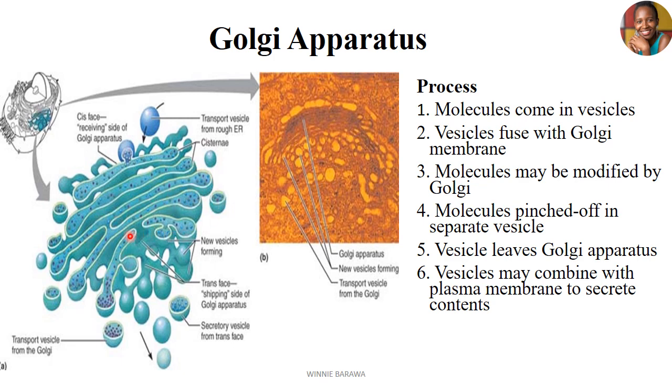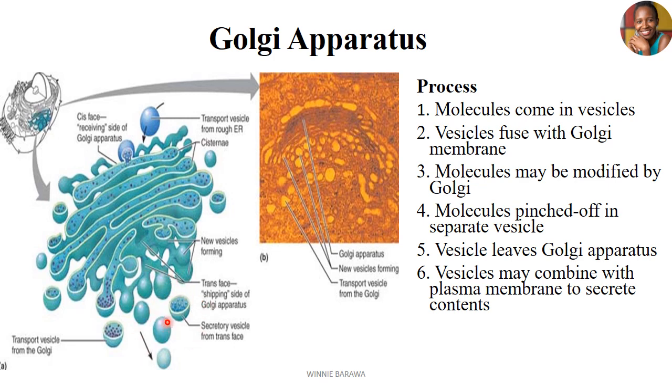And once that work has successfully been done, we will form new vesicles that will pinch off from the trans phase. The trans phase, like we're saying, is the transport side of the Golgi apparatus, or the shipping side of the Golgi apparatus. So these new vesicles, we will be calling them the secretory vesicles, or again, you can still call them the transport vesicles.